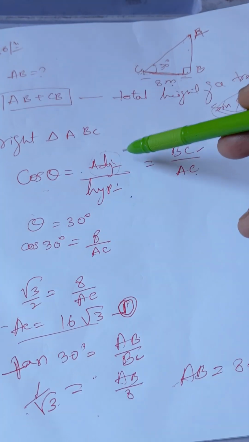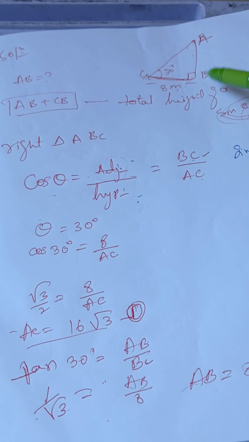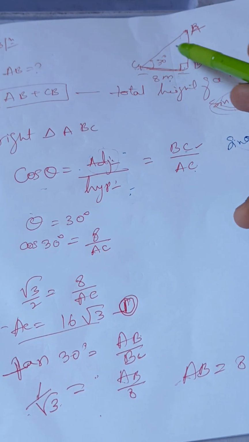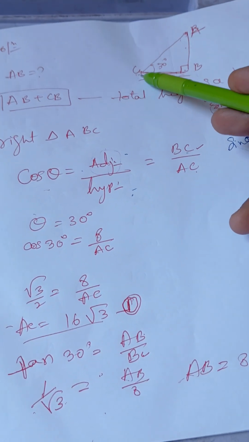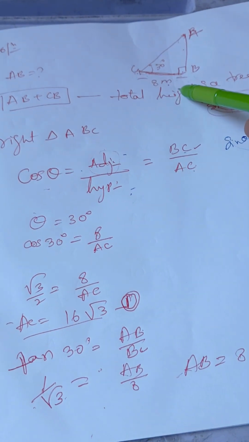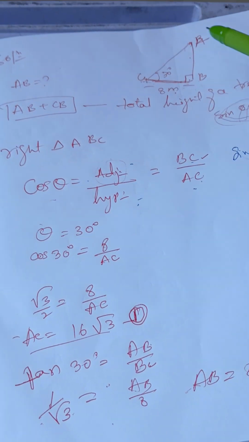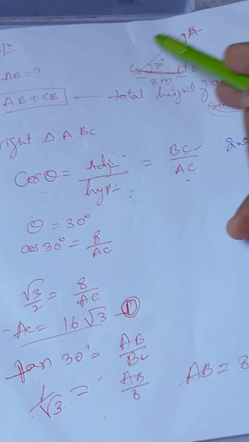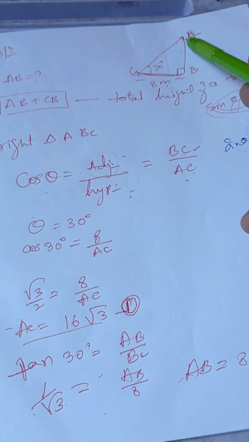Cos theta is adjacent by hypotenuse. The distance between the broken part and the original tree is 8 meters, which forms the adjacent. The hypotenuse AC is the broken part, which we have to calculate, so we don't know this value.